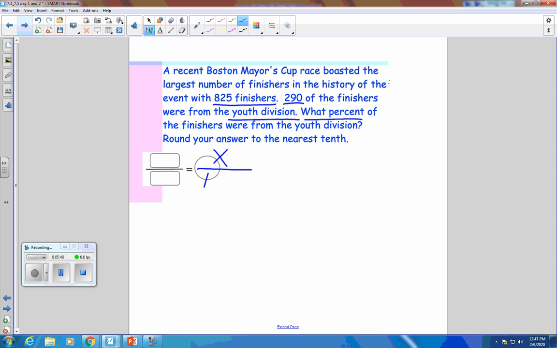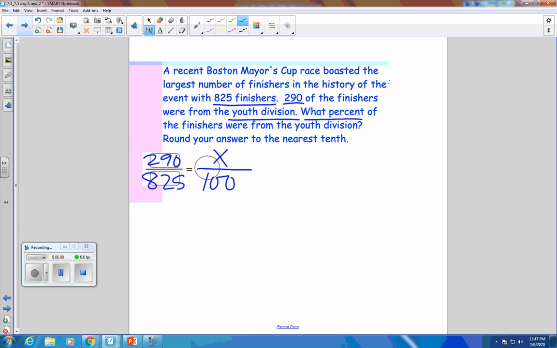That's going to be my x, and we put percent over 100. I know that there were 825 finishers. That is the total amount. That's going to be our whole, 825. And then we're trying to figure out what percent. So we know 290 were from the youth division, so that's going to be my part. 290 out of 825 were in the youth division. We need to figure out what percent that is.